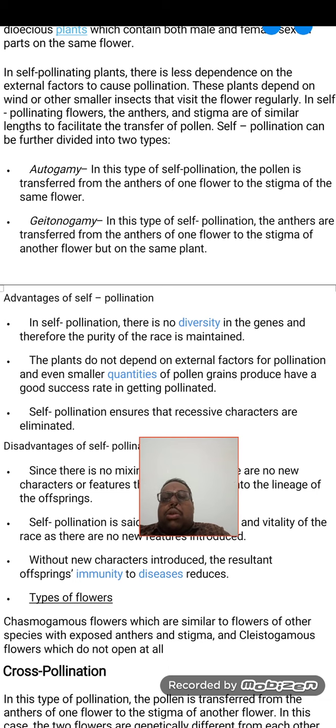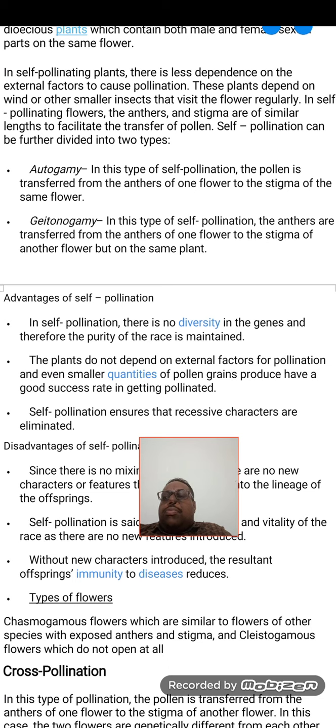On one side it is good, but on the other side there is a problem: if the parental plant has some disease or a condition that is not good for the survival of the species, and that condition is exhibited in all later generations, then it is very difficult for the species to survive.